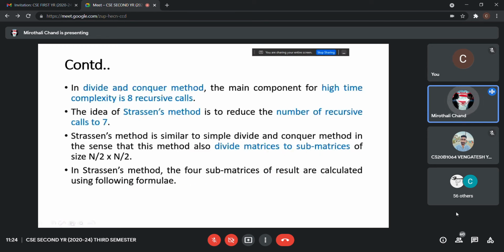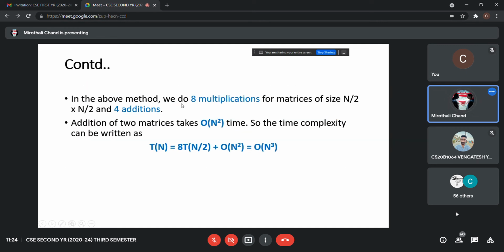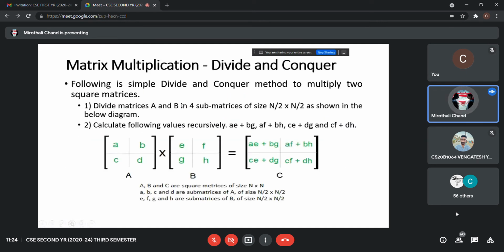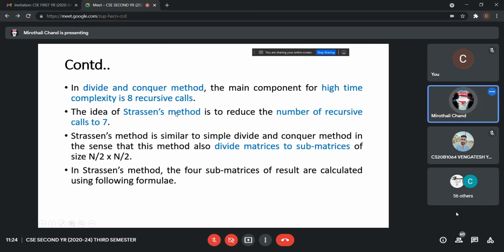So in the previous method, we are using divide and conquer. 8 recursive calls were there. The 8 multiplication operations were called 8 times in order to get the final solution. In case of Strassen, they are trying to reduce the number of recursive calls to 7.